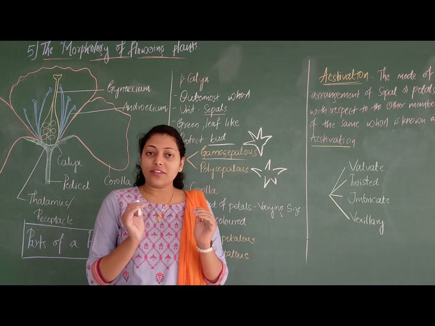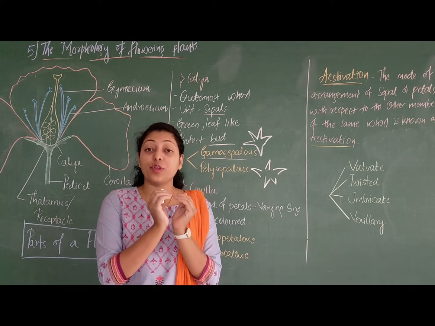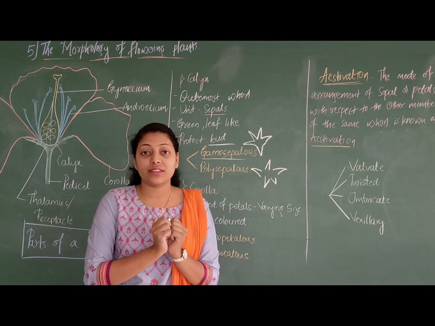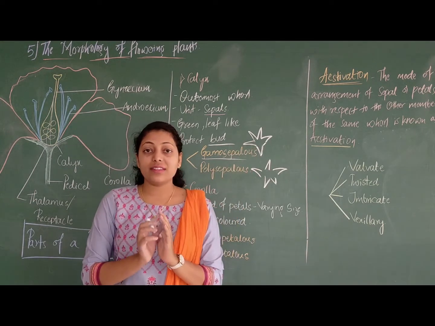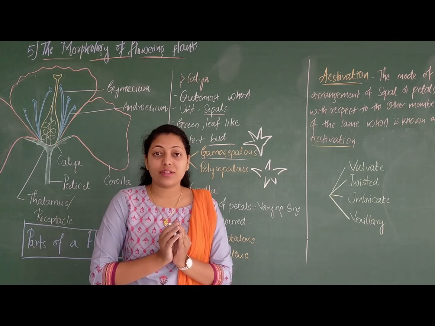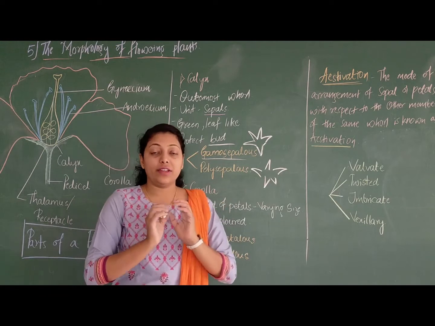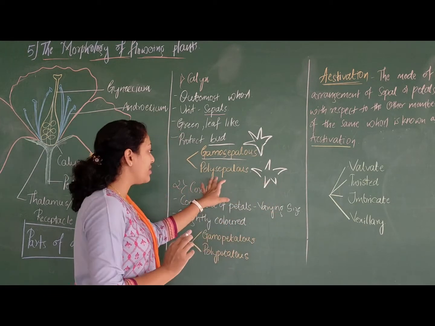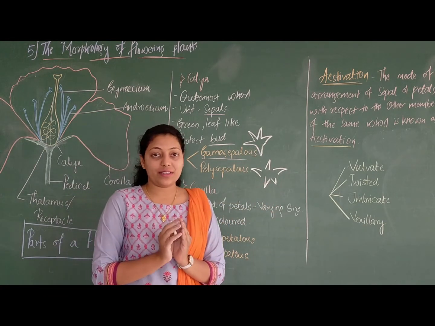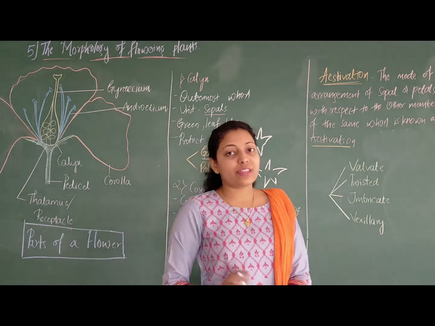Is it clear? If all the calyx or sepals are fused or united together, we use the term gamosepalous. Gamo in the sense fused. And if they are free, if they are not united, then we use the term polysepalous. Is it clear? So this is about the calyx.